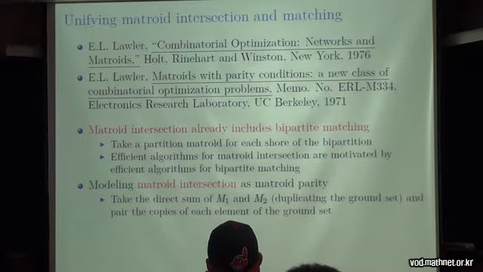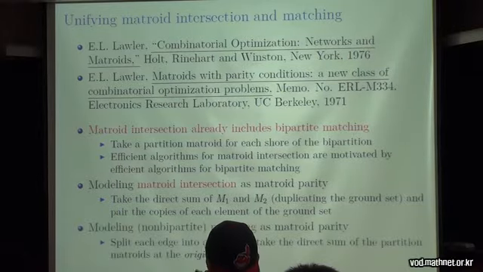So M1 and M2 in matroid intersection are defined on the same ground set. What I do is I duplicate the ground set and I define them separately. And then I pair up elements. So every pair of duplicate elements, I just pair up. So if I pick one here, I've got to pick its buddy over there. So that's an easy way to model matroid intersection as matroid parity.